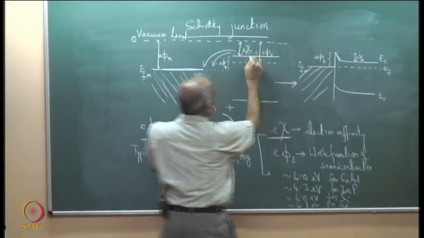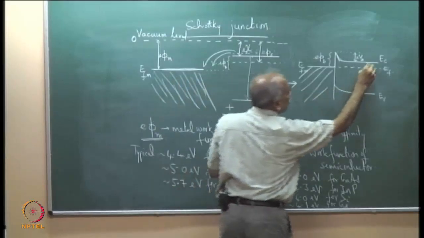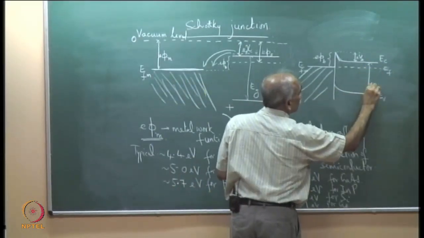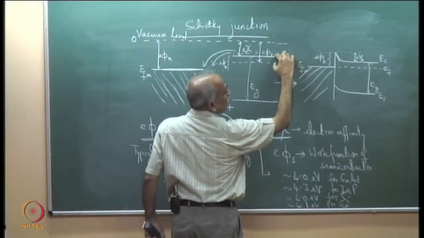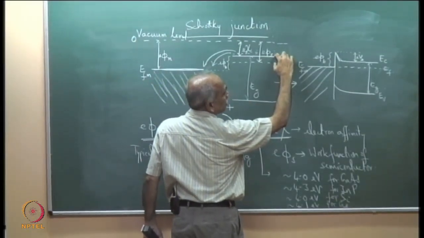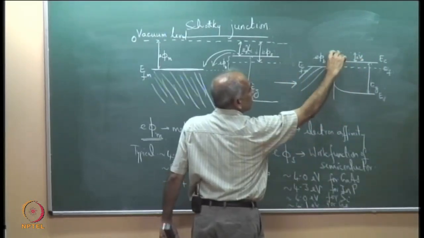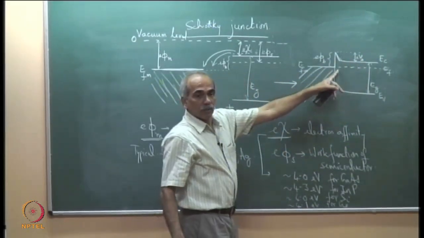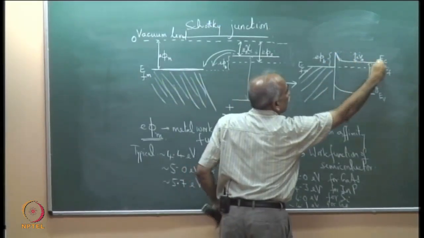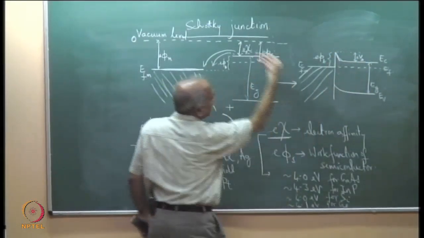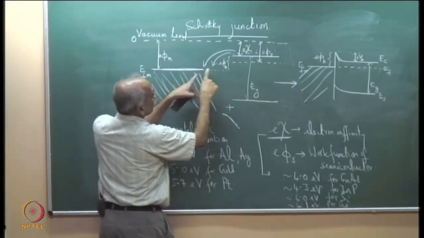Please see, if this is Eg, then this will remain Eg. If this is some gap here far away from the junction, then the gap should be the same here. This is the barrier potential. When you have made the contact, there is a variation which has come because of charge migration, but there is a potential barrier here because there was a discontinuity.